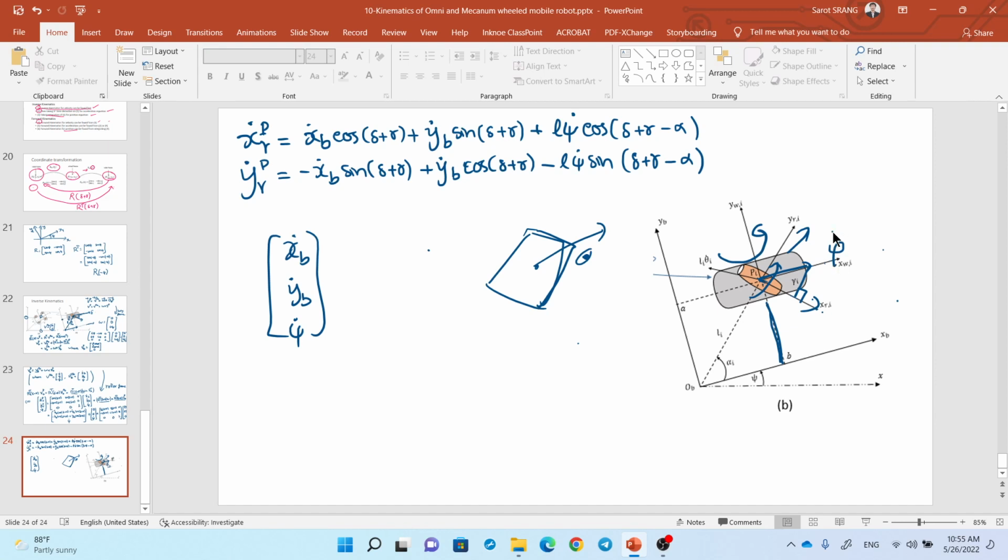It is phi dot times the radius of the wheel. This is the tangent velocity on the wheel. So we project it on this axis.